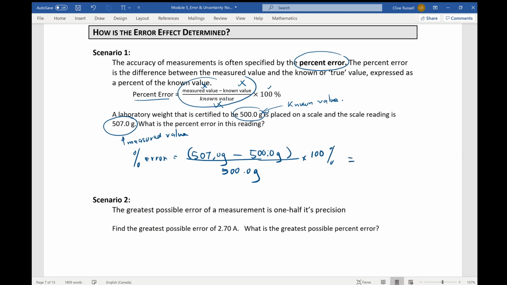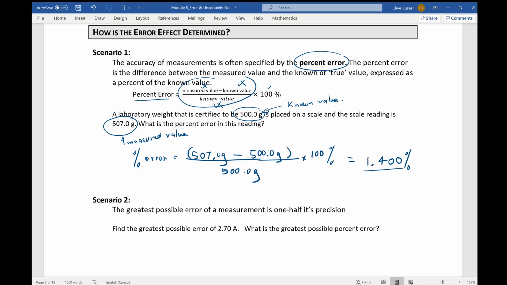And if you put this in your calculator, it works out to be 1.400%. Now, why are we rounding the percentage this way?